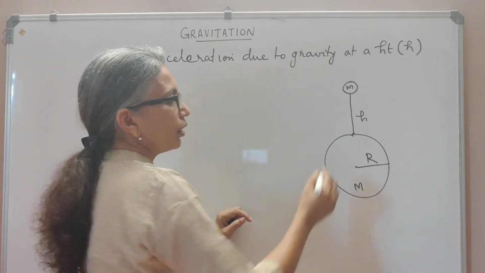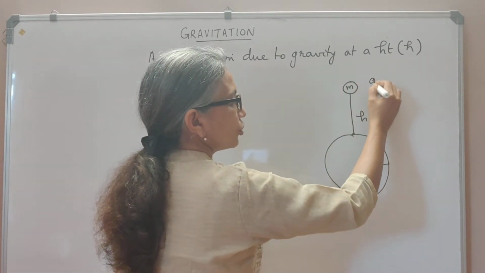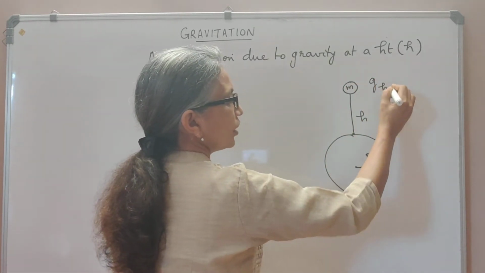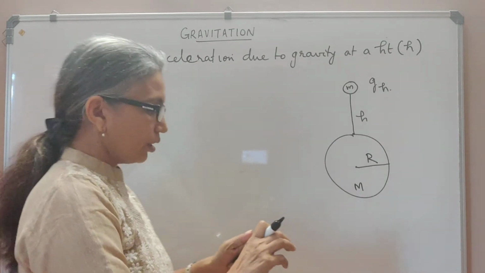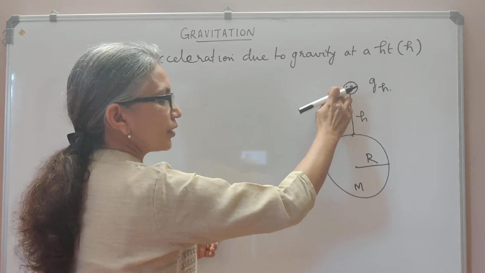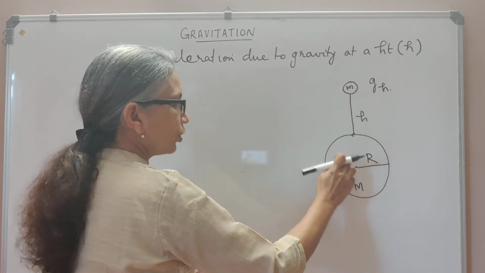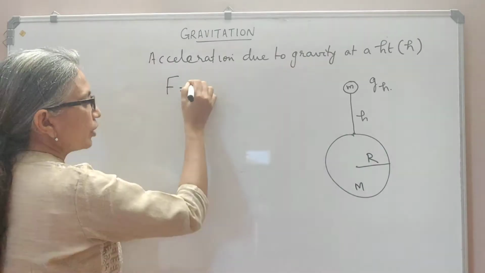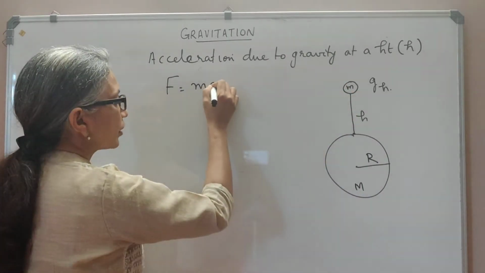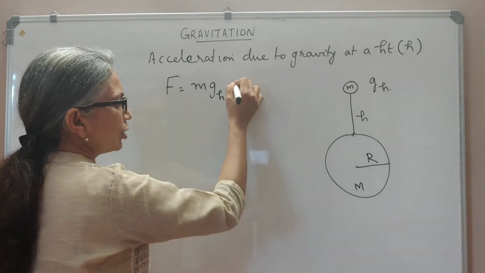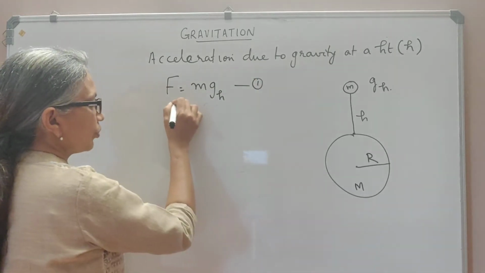Now at this point the acceleration due to gravity I'm going to call g_h, that means acceleration due to gravity at a height h. If I look at the force experienced by the mass m due to the earth, F is equal to m into g_h, mass into the acceleration at a height h, and I take that as my first equation.